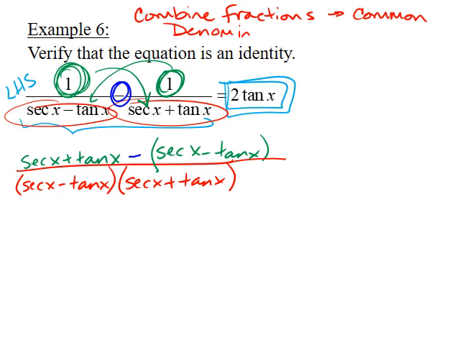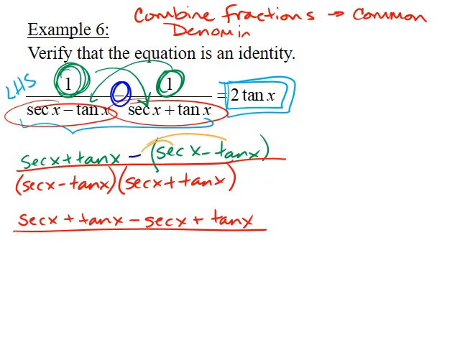Okay. So in this case, now what I'm going to do is I'm going to distribute this minus sign. So I have secant of x plus tangent of x minus secant of x plus tangent of x all over my common denominator. And I am not going to FOIL out this common denominator just yet.